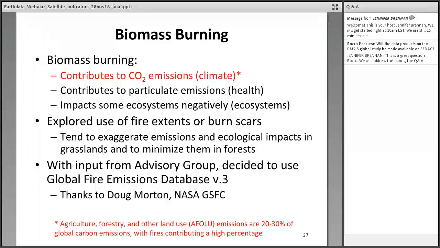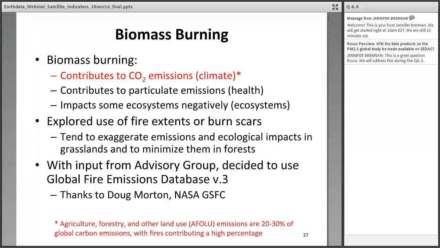And we knew that fires impact some ecosystems negatively, and you could filter the results to look at, say, boreal ecosystems or things like that, but it's relatively difficult to assess the ecosystem impacts because we were told by experts in fire ecology that sometimes it's very necessary for fires to burn in certain forest ecosystems.